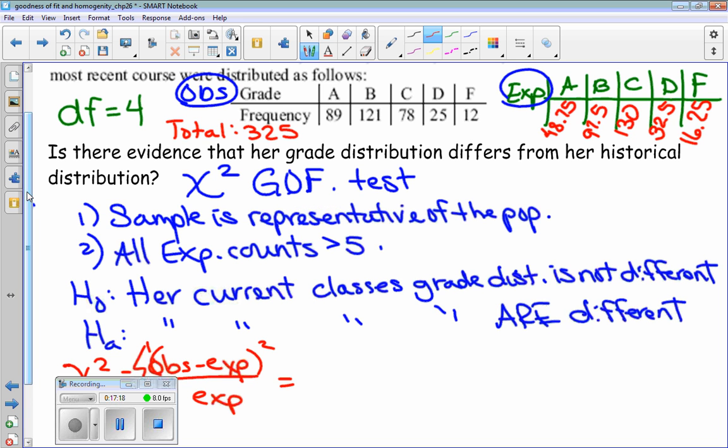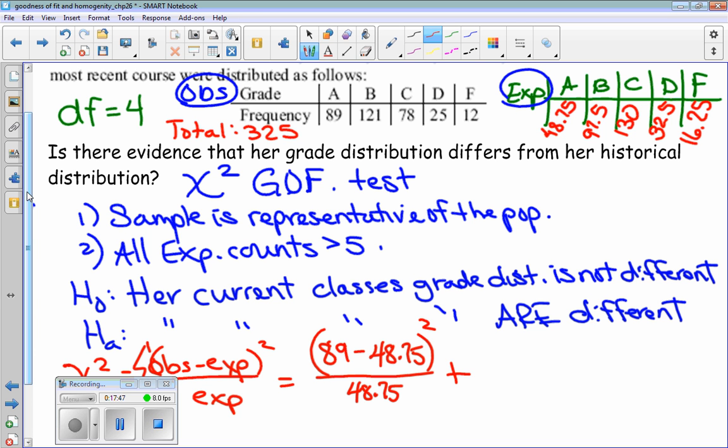So I'm going to say 89 minus 48.75 all squared divided by 48.75 plus, because we're summing it, right? So I'm just looking at my A's. Subtract them, square it, divide by the expected. That's it.